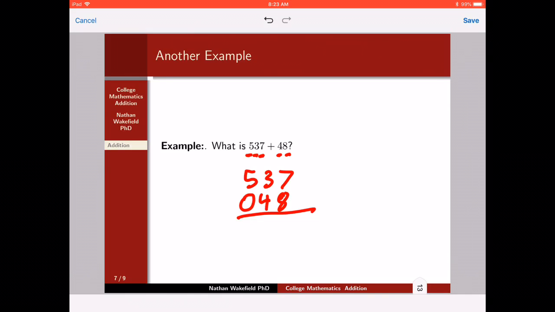Okay, this also gets a little bit more complicated here because 7 plus 8 is actually 15. That means that 7 plus 8 gives me 1 ten and 5 ones. So just to reiterate that, 7 plus 8 gives me 15, so I have 1 ten and 5 ones.